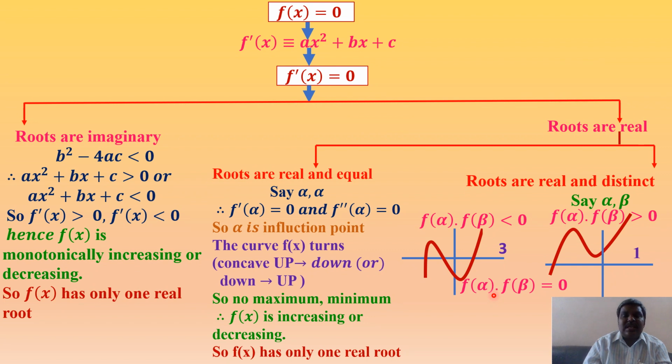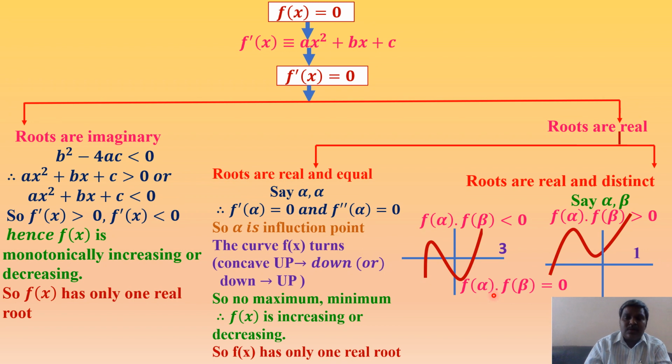then immediately we have root alpha twice for f of x equal to 0. Similarly, if f of beta equal to 0 and f dash beta equal to 0, then beta is a root of f of x of multiplicity 2. So alpha appears 2 times, beta appears 2 times. So how many roots do we have? 4 roots. For a cubic equation, can there be 4 roots?